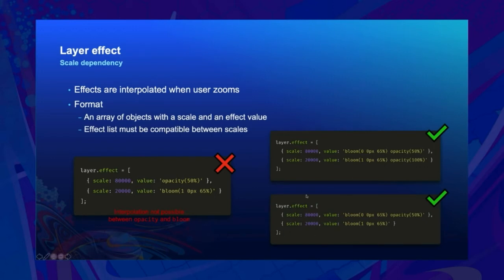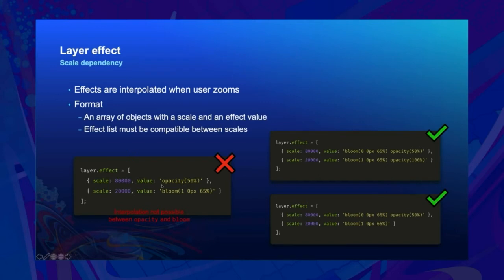Another compatible way is to omit an effect. The default opacity is 1, so if I don't mention opacity 100%, I can just remove it. And this I can also interpolate. The reason is that the order of the operations matters. One effect is applied after another.